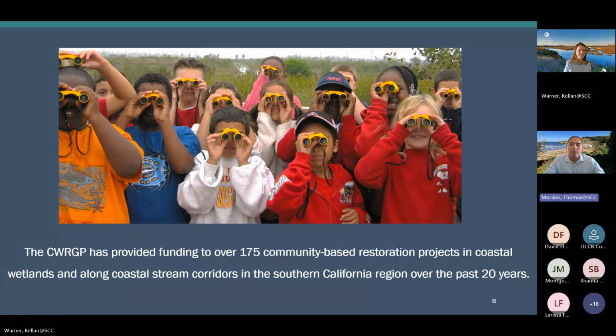And this year, the CWRGP will be administered and funded by the State Coastal Conservancy, and our anticipated source of funding is the California Climate Bond. Since 2001, the CWRGP has provided over $4 million in funding to over 175 community-based restoration projects in coastal wetlands along coastal stream corridors in the Southern California region.